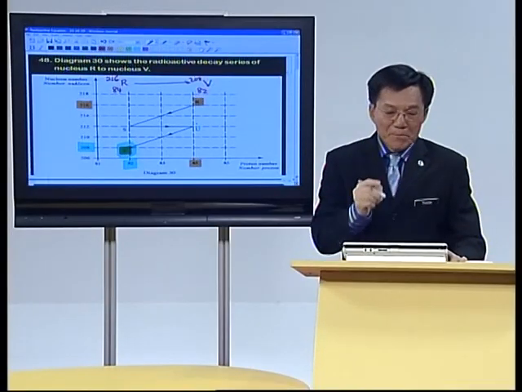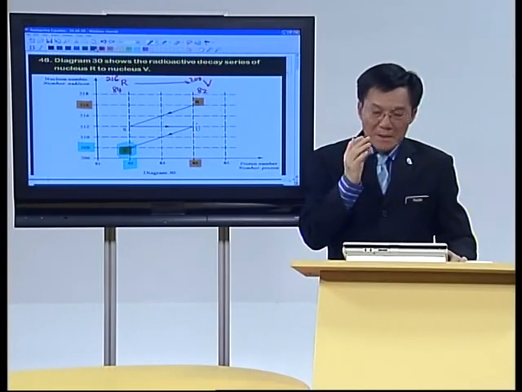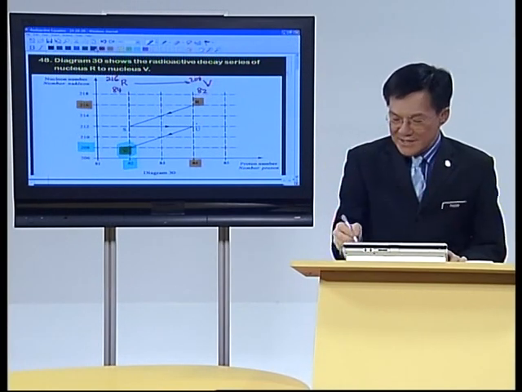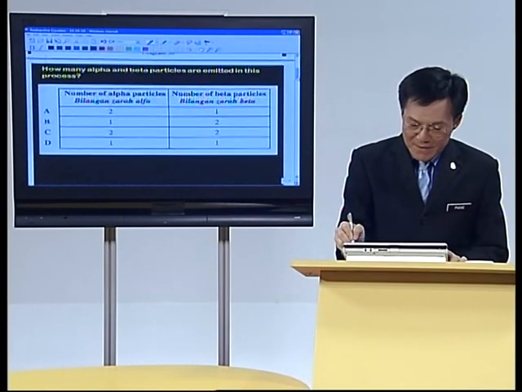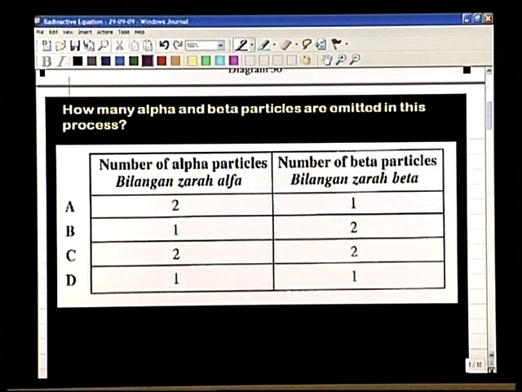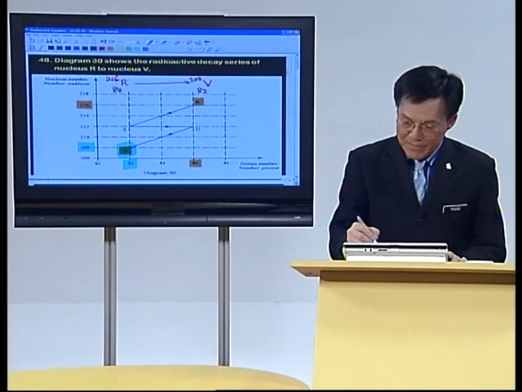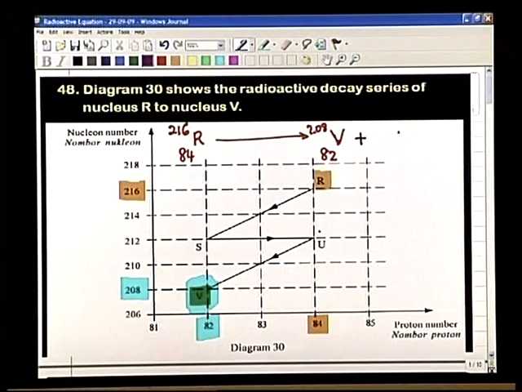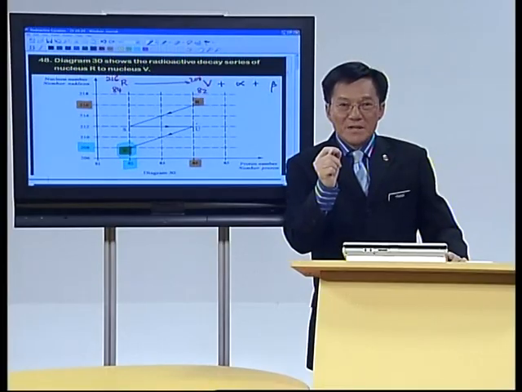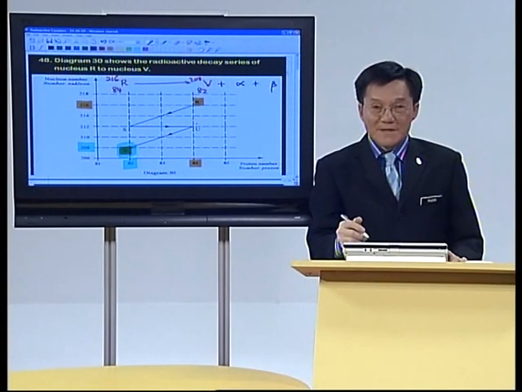Now the next step is the question asks us, alright, if you look at the question, how many alpha particles and beta particles are emitted or given out? So we have to write in our equation plus alpha plus beta. Now the simple step and the simple concept is this.